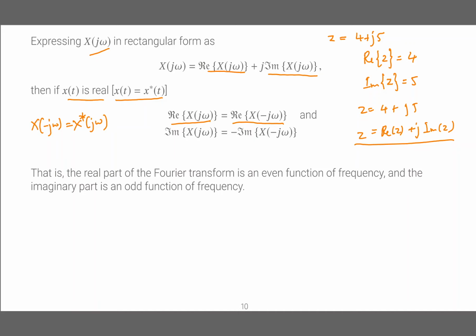As a result, if we take the real part of x j omega, we don't have to consider the complex conjugate of that real part. So it is equal to the real part of x minus j omega, and the imaginary part is conjugated. You can see the minus sign here. The imaginary part of x j omega is equal to minus the imaginary part of x minus j omega. That is, the real part of the Fourier transform is an even function of frequency, and the imaginary part of the Fourier transform is an odd function of frequency. Because of this minus sign, it's an odd function.